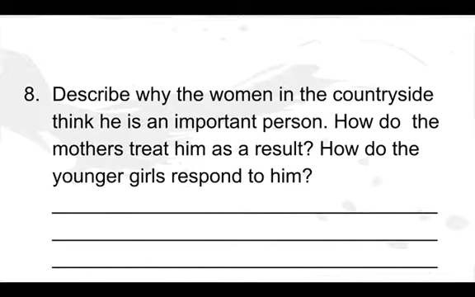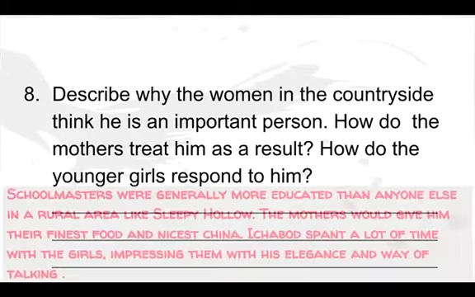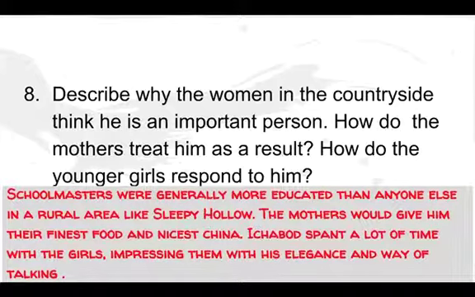Number 8 says, describe why the women in the countryside think he is an important person. How do the mothers treat him, and how do the younger girls respond to him? Well, the schoolmasters were generally more educated than anyone else in an area like Sleepy Hollow. The mothers would give him the finest food and the nicest china. He'd eat really well. I'm sorry for the typo there.